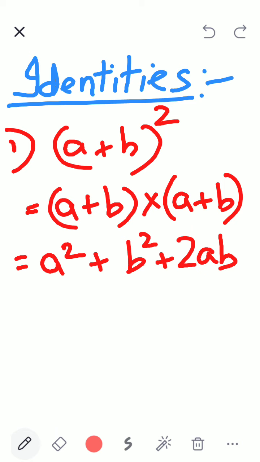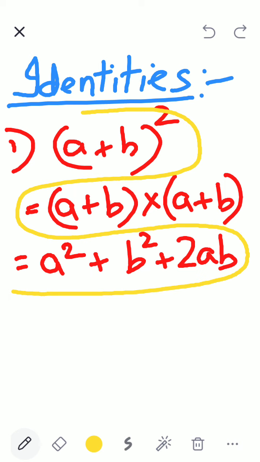You all have studied this in 8th. I will not spend time explaining it because, like an axiom, just remember it. I will tell you why you have to remember it. a plus b whole square is equal to a square plus b square plus 2ab. Write it down in your notebook and write it down 10 times after the class.